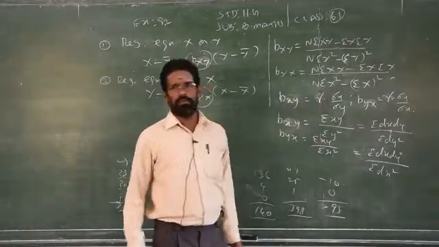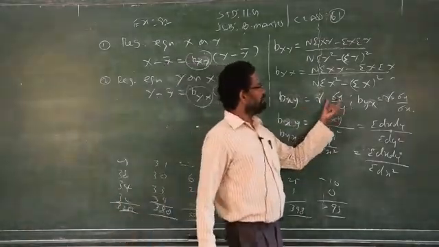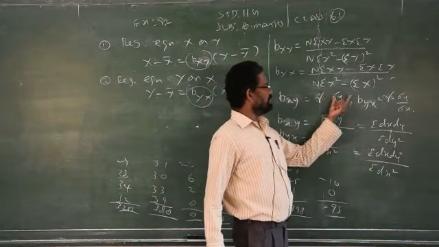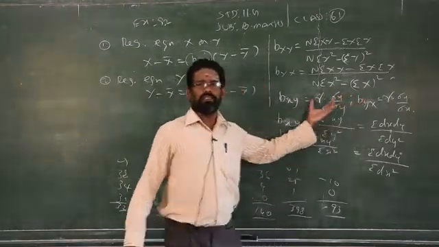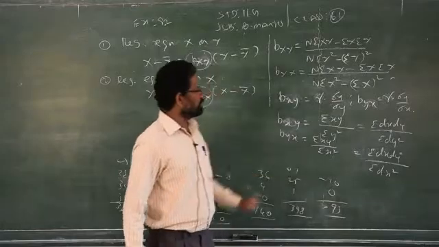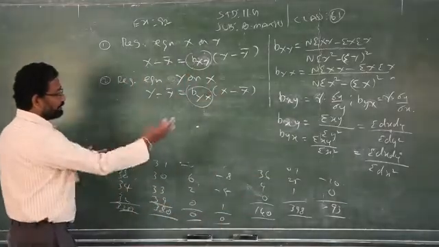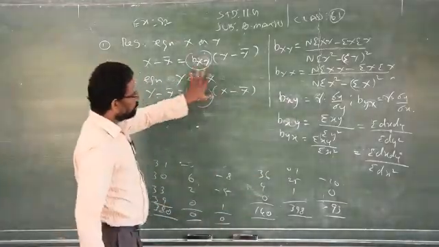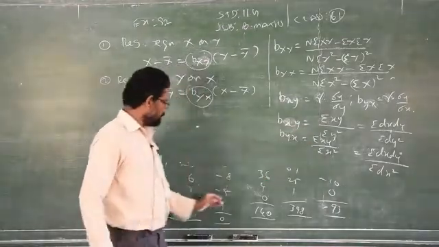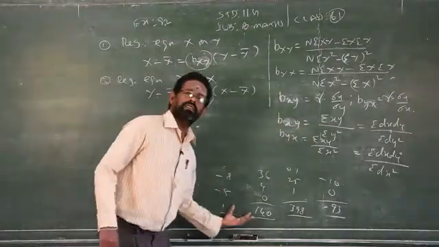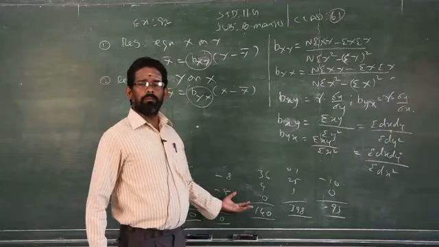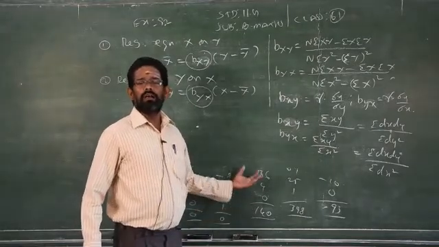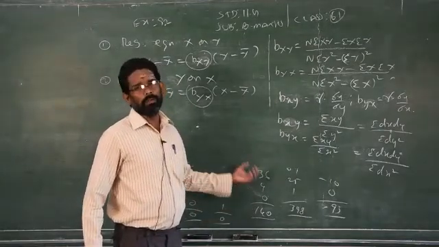This is the general formula, and whenever the standard deviation for x and y is given, use the second one. So depending upon the question, please select the formula. Here I am using this formula because I found the tabular column by using the deviation with mean method.